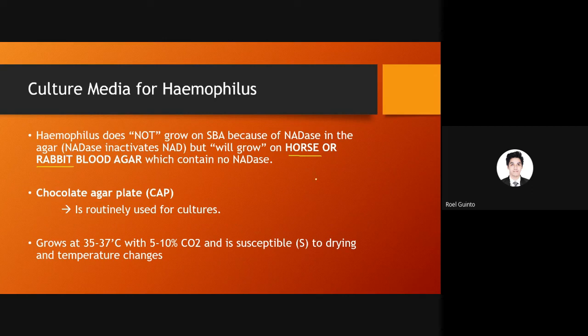Kapag sheep's blood, hindi pwede, kasi nga sabi natin sheep's blood contains NADase. Ano ginagawa ulit ng NADase? Inactivates NAD. Tatandaan. So, in a routine laboratory setup, we use chocolate agar plate.